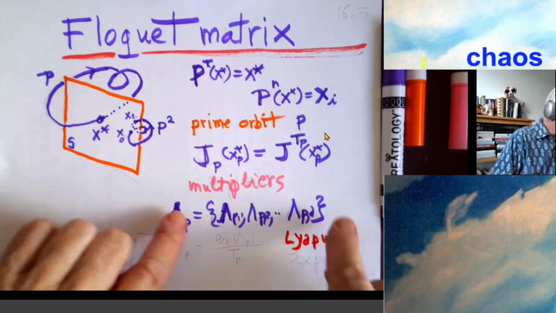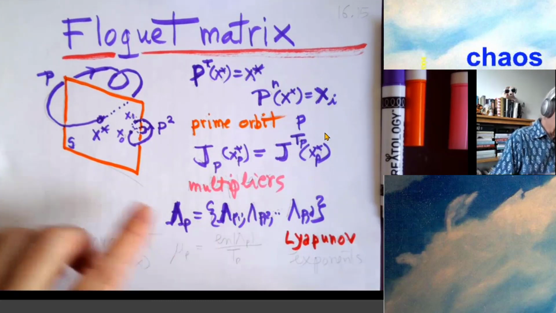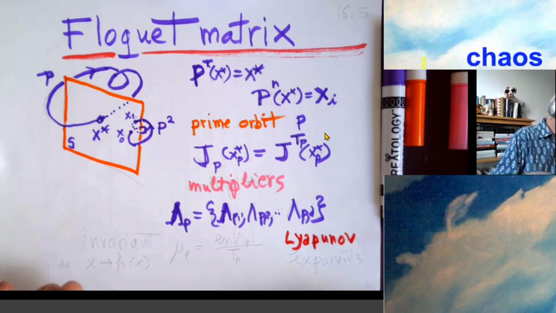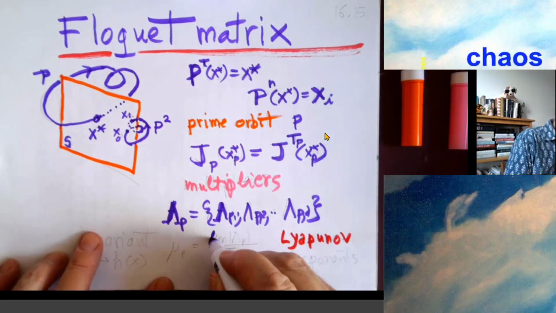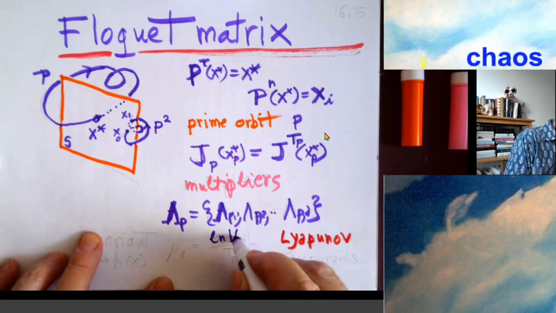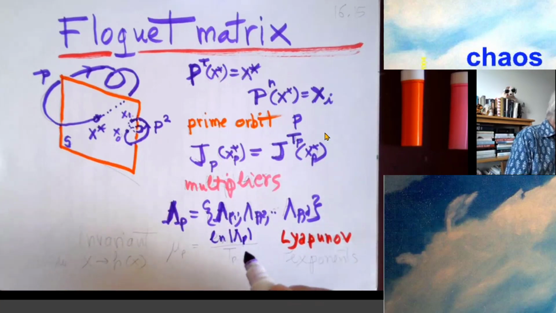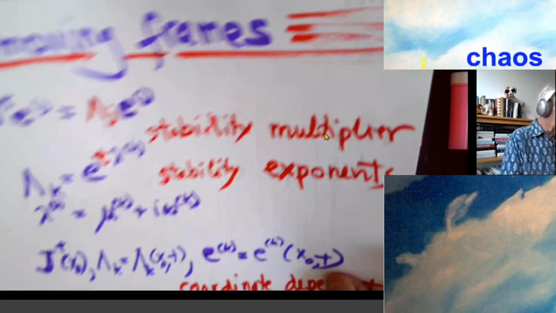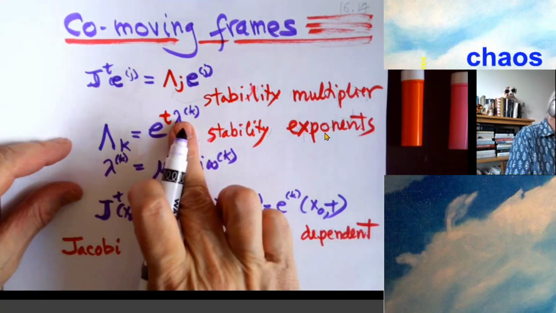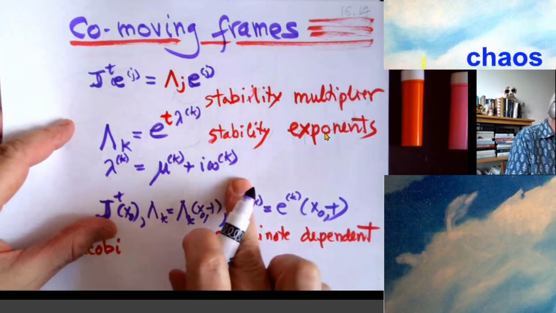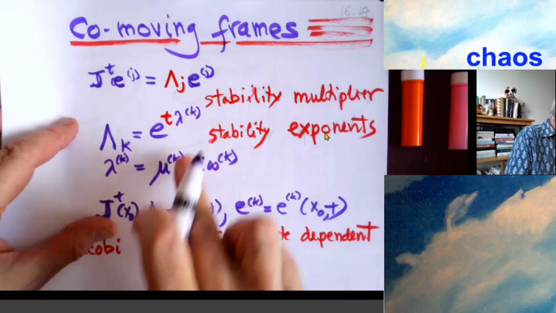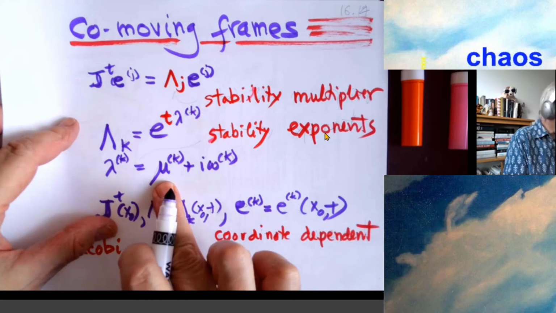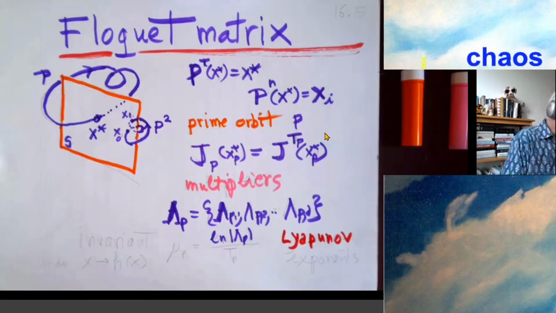Now, if these numbers are invariant, everybody agrees on them, then the interesting physical number is to take a logarithm of their size. Remember, we could always write this thing in an exponent as a real number and an imaginary part. So if I take absolute value, there is nothing imaginary. I'm just looking at this exponent here.